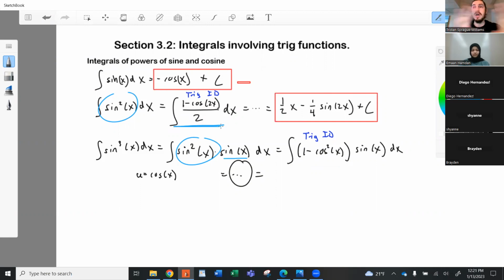function down to just a trig function. That's why it's called power reducing, right? It goes from 2 down to 1. And that's useful because then we can integrate that cosine function using just a simple u substitution.